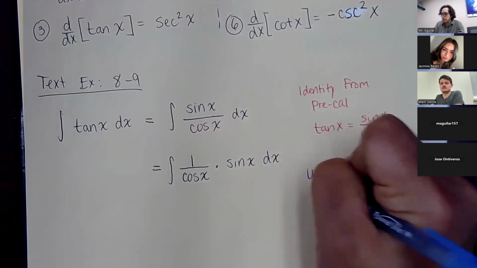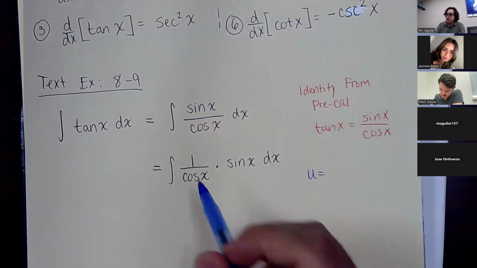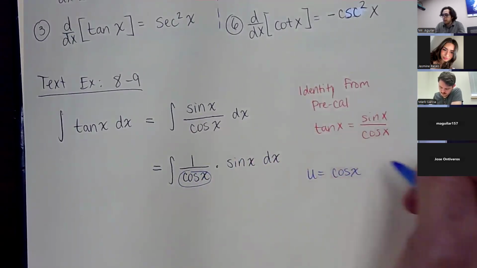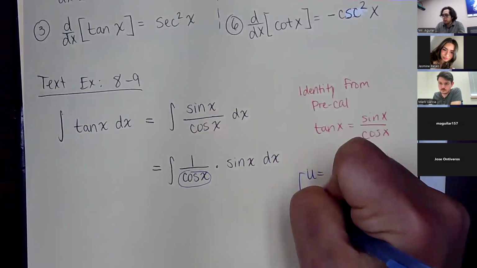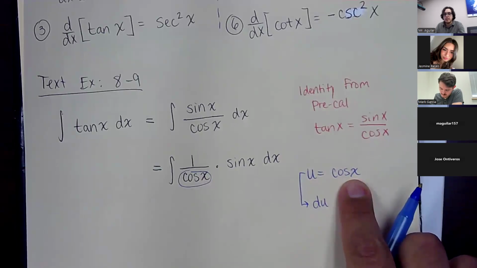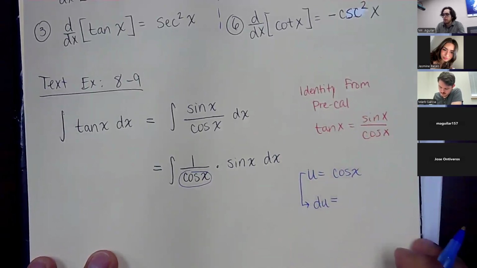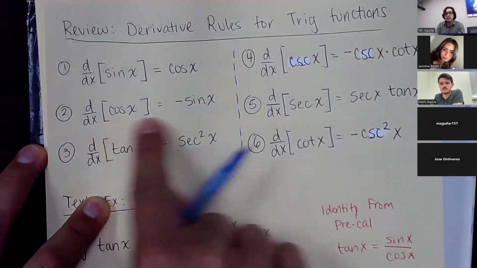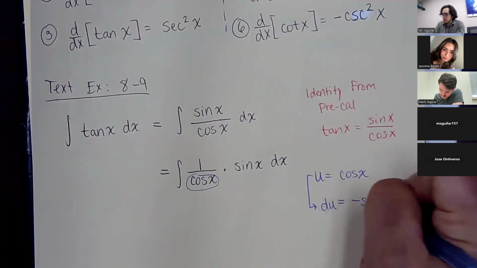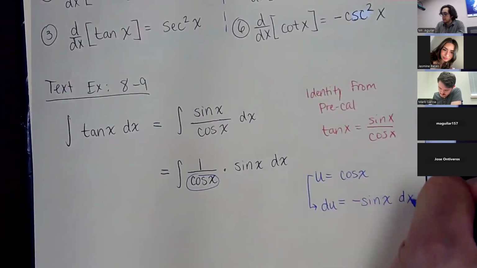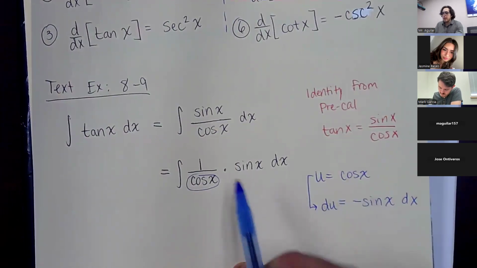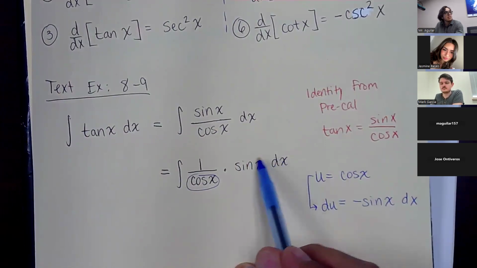So that u substitution says, let's go ahead and set this denominator thing equal to u. And from our calculus rules here, du of cosine should be equal to negative sine of x dx. But we don't have a negative sine x dx here.